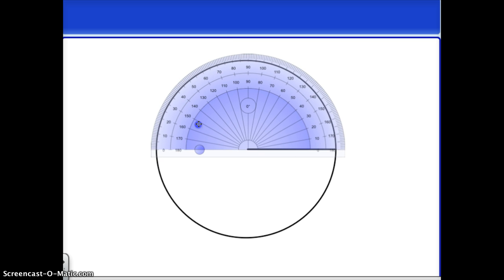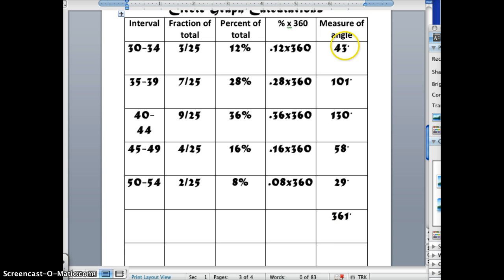We put the center point right on the center point of the protractor. Notice that the 0 degrees is along that line, along with the 180, but remember we start counting from 0.